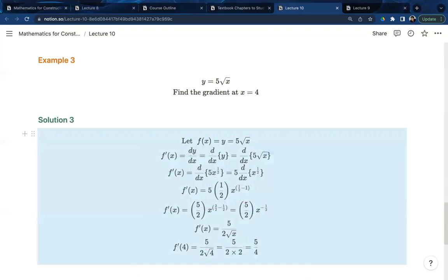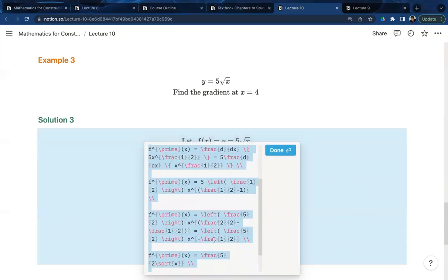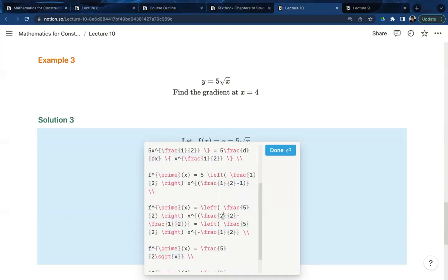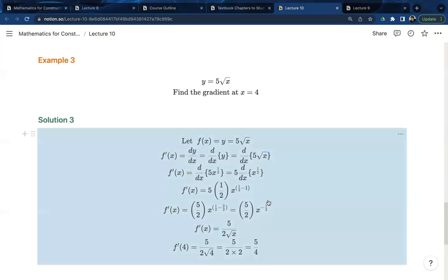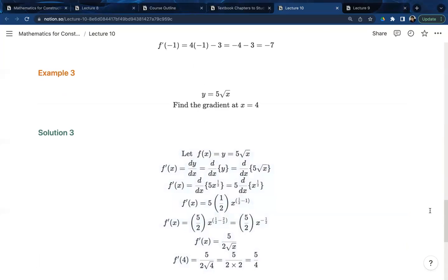So it's a half minus 1, and this is 1/2 minus 2/2. Right? So 1/2 minus 2/2, that's minus a half, and that's why you get that there. Okay. So it's a very simple differentiation question. Nothing fancy going on here.